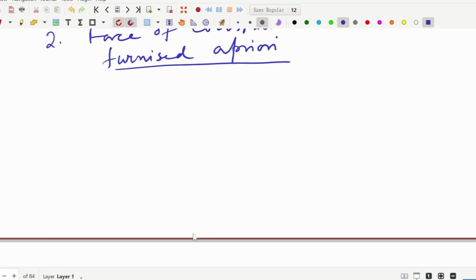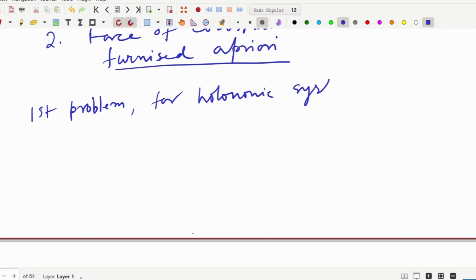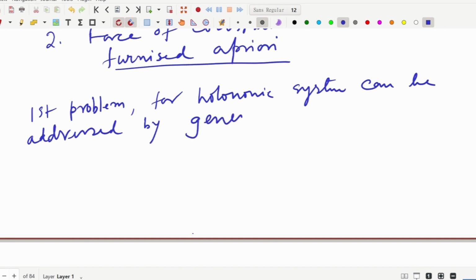So the first problem for a holonomic system can be addressed by generalized coordinates.